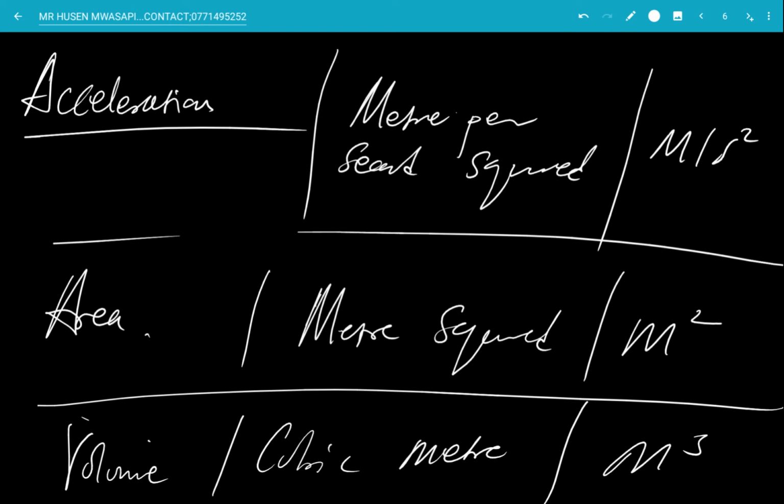Area is the amount of space occupied by an object in square meters, while volume is the amount of space occupied by an object in cubic meters. Other related derived quantities are things like force, moment, speed, the density of an object, the weight, and so on and so forth. There are quite a good number of these derived quantities.